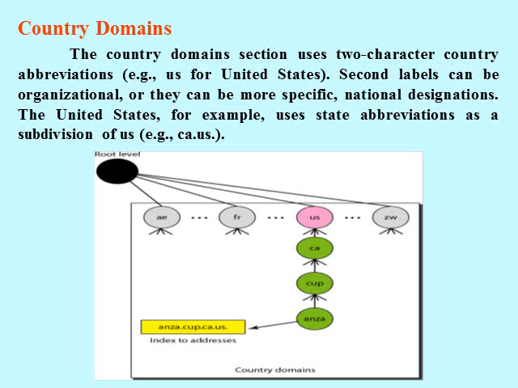The second level can be organizational or more specific national designations. The United States, for example, uses state abbreviations as a subdivision of US, for example CA.US. So these are the country domains shown in the diagram, with different domains for different countries, that is US, NZ, IN, etc.